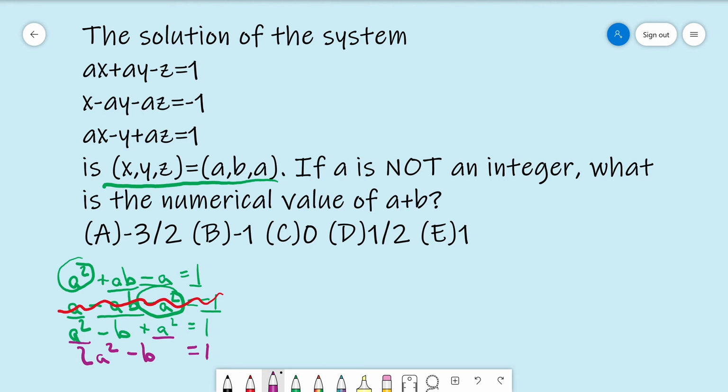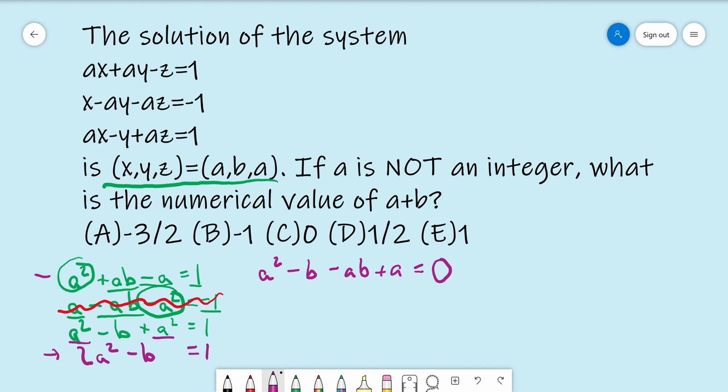I'm going to take the last equation and subtract the first equation. That'll give me a squared minus b minus ab plus a equals 0.